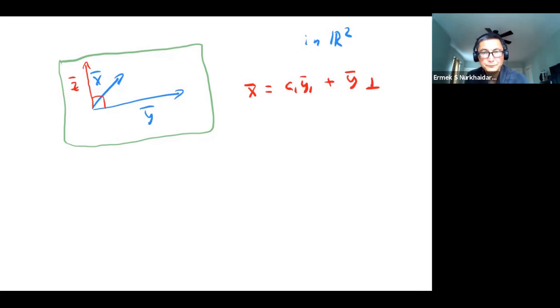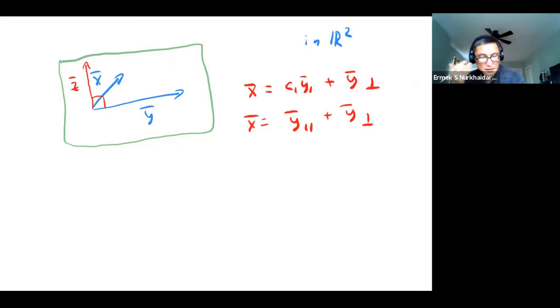Often I'm going to call it the parallel part plus the perpendicular part. So that's going to be our orthogonal decomposition. We're going to break our vector x into two pieces. One is parallel to a given vector, one is perpendicular.